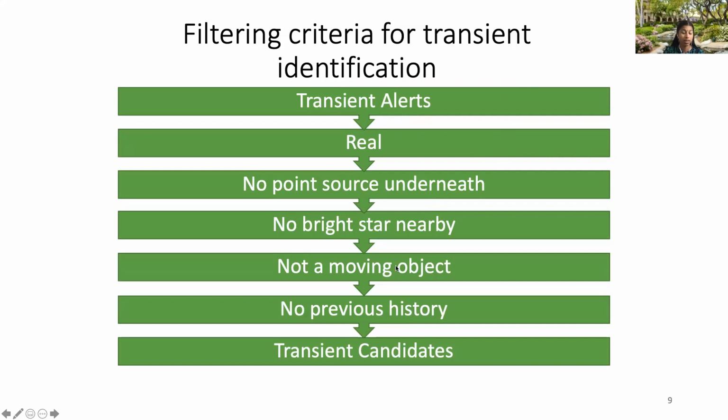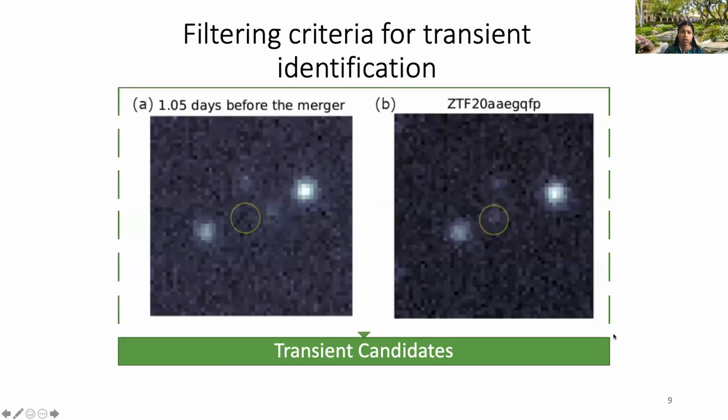We want to eliminate moving objects, especially if we're interested in supernovae. We don't want to confuse supernovae with moving objects. And we want to make sure there's no previous history. So maybe we want to make sure that it's not just the galaxy that's flaring, and there's actually an explosion that occurred at that position. And finally, we get our set of transient candidates.